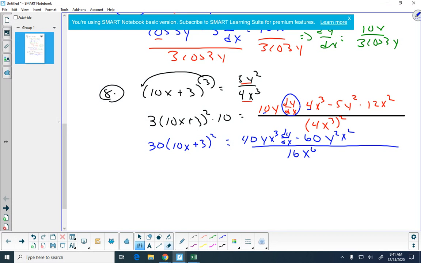Now, before we do anything else, what I would tend to do is look to see what we can take out of all my 3 terms up there. I have the 40yx cubed dy/dx, the 60y squared x squared, and then a 16x to the 6th. What can we take out of all 3 of our terms?